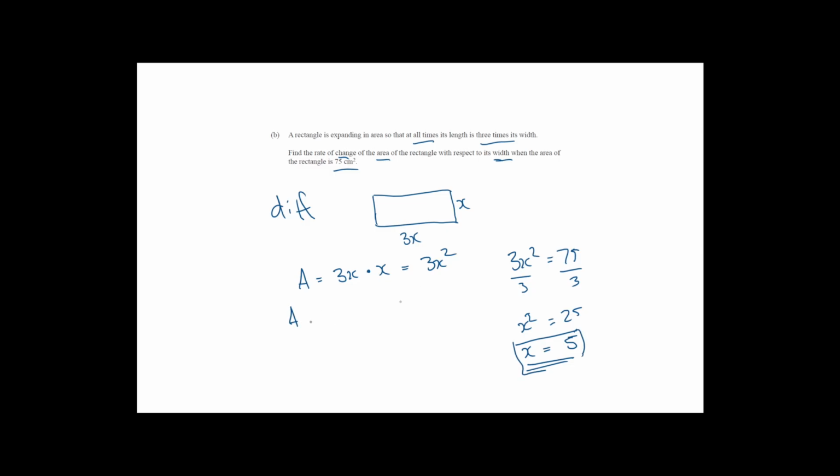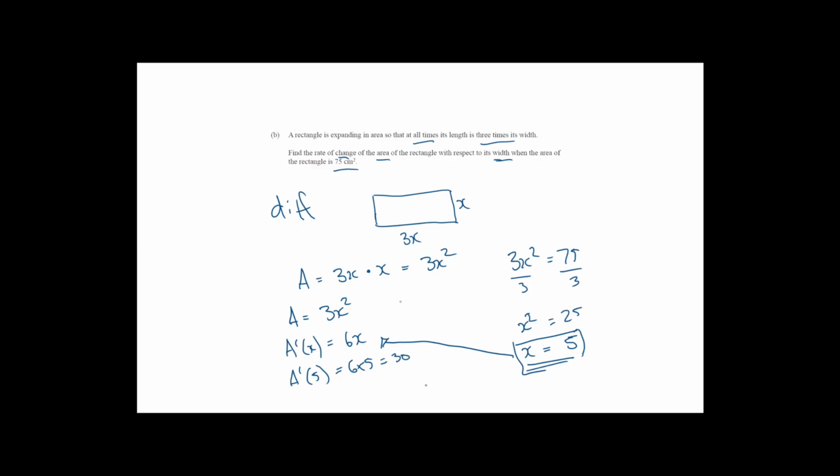So if the area is 3x squared, then we differentiate the area. 3 times 2 is 6x, and we sub in the 5 now. So the change in area at 5 is going to be 6 times 5, which is 30.